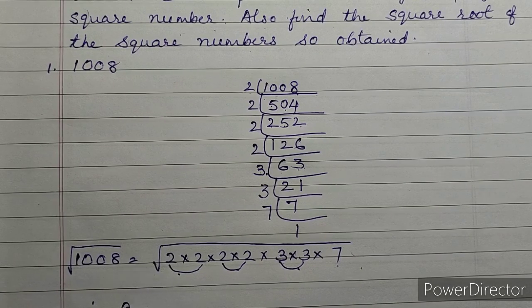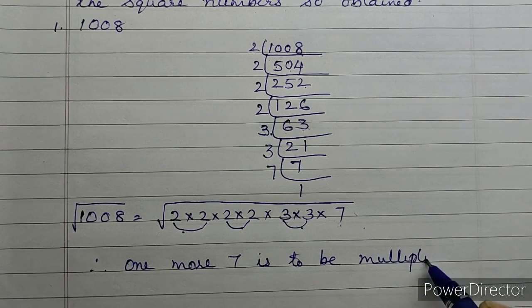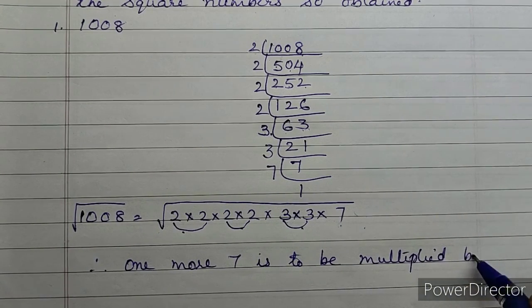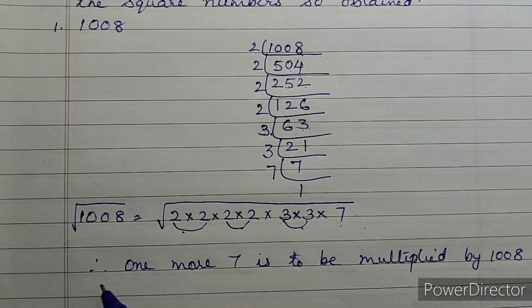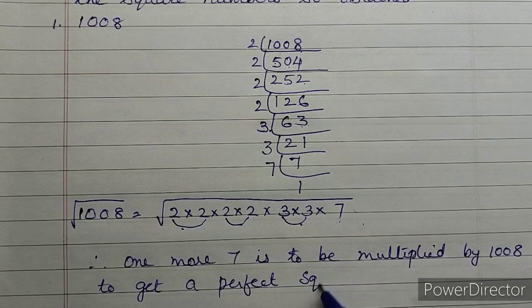Therefore, one more 7 is to be multiplied by 1008 to get a perfect square.